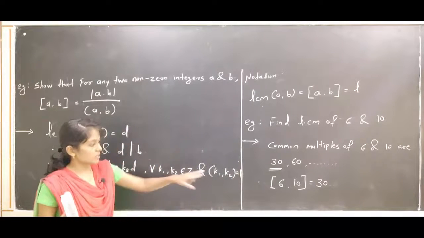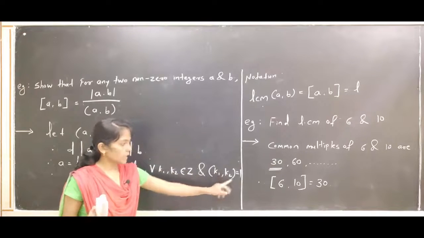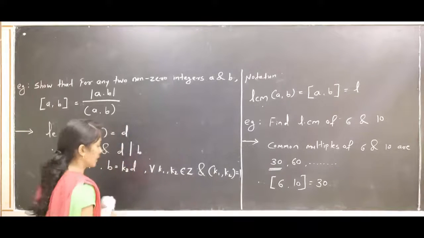So see here, GCD of K1 and K2 is 1. That means K1 and K2 are relatively prime.